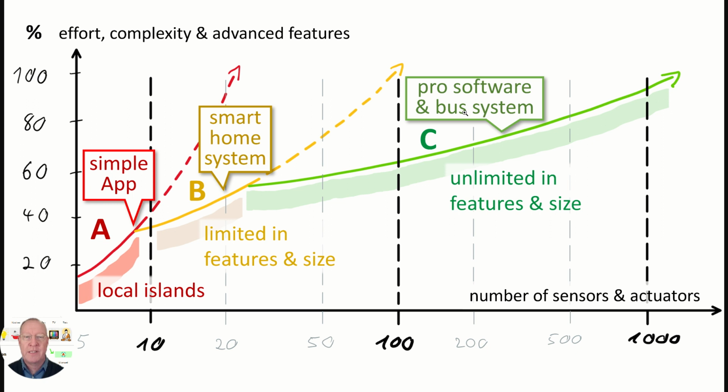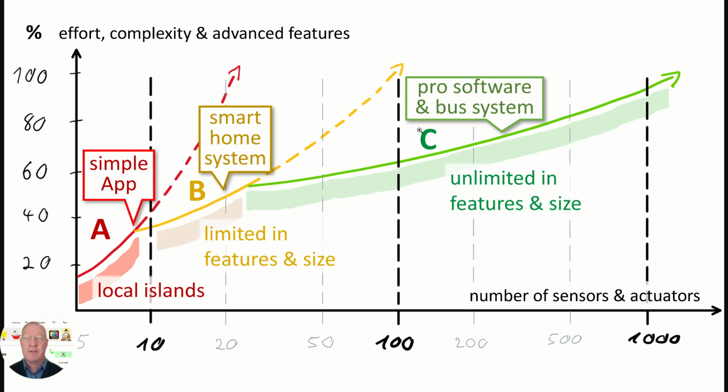The main item is that all the devices are hardwire connected with a bus sharing information. So no Bluetooth, no Wi-Fi, no batteries. And this bus system has a high capability to support a high number of devices. In my smart home, for example, I have roughly 400 sensors and actuators, so I'm somewhere here in that range.